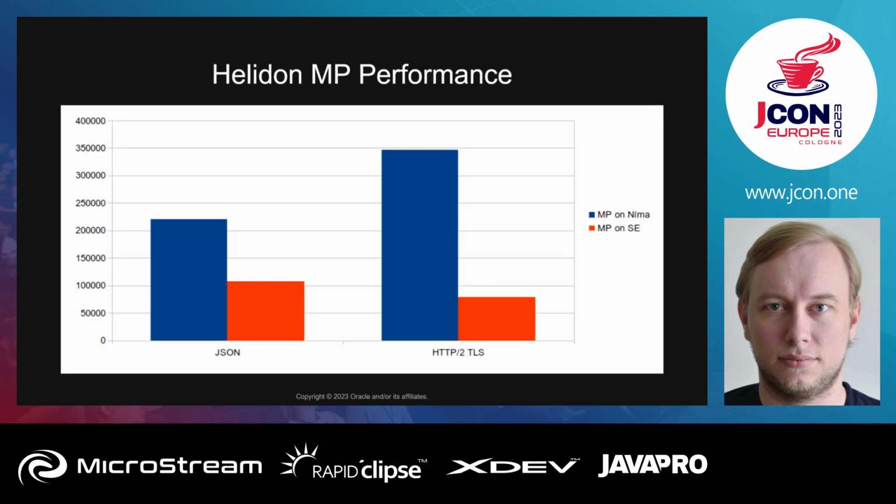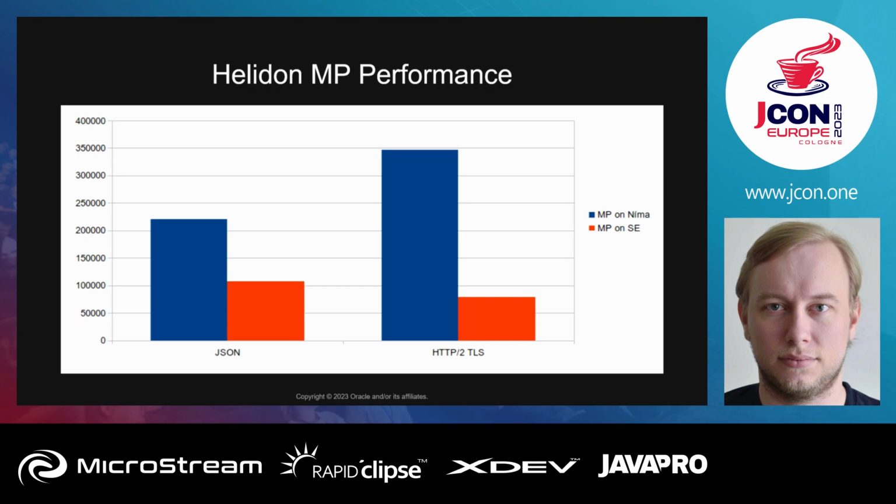And it's actually illustrated on this particular graph. If you take a look at the left side, there is a measurement of the speed of Helidon MP based on the NEMA, that's the blue bar there. And with the Helidon SE as an underlying level, as you can see, it's nearly twice slower in comparison to Helidon NEMA.